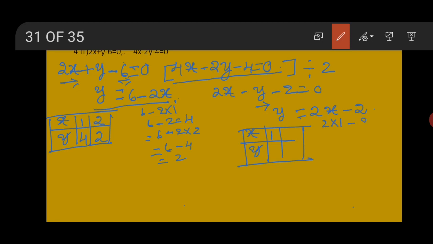For x equal to 1, 2 into 1 minus 2, 2 ones are 2, minus 2 is equal to 0. Now give one more value for x. Say x is equal to 2. What happens? 2 into 2 minus 2. 2 twos are 4, minus 2, again it is equal to 2.